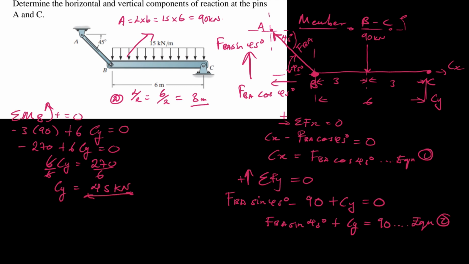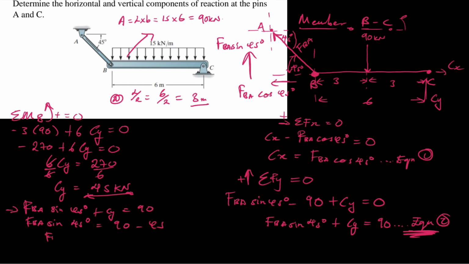Now that we have CY, we can go to equation number 2 and solve for FBA. So we have FBA sine 45 degrees plus CY being equal to 90. So FBA sine 45 degrees will now be equal to 90 minus the value of CY, which is 45.